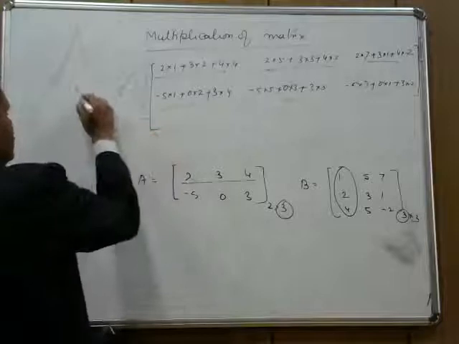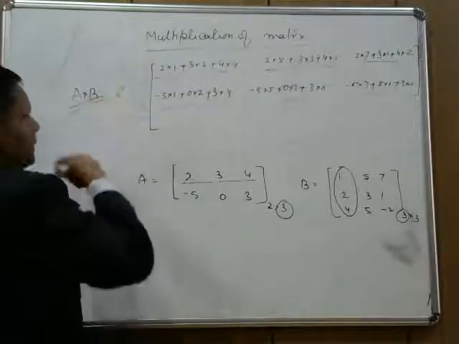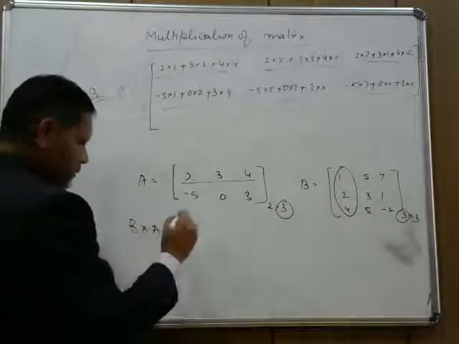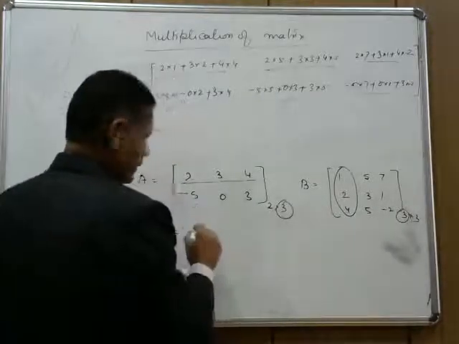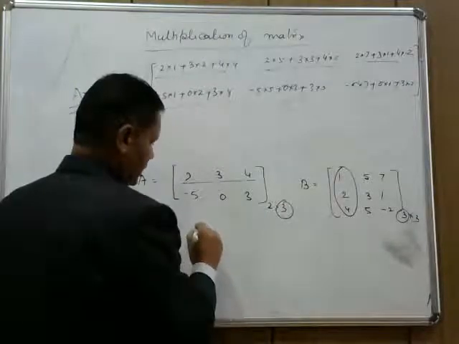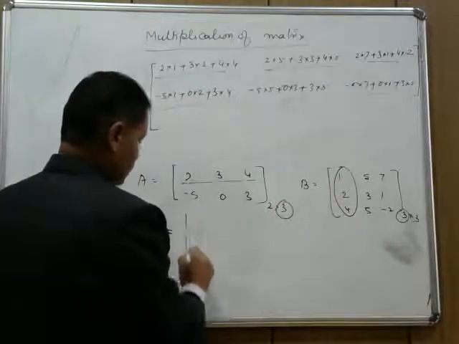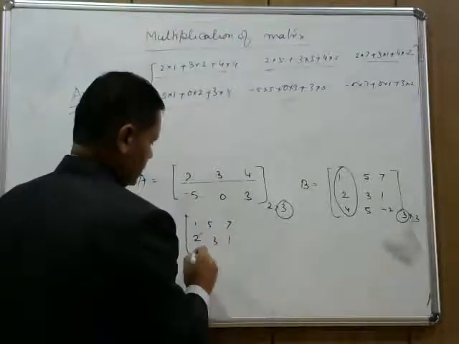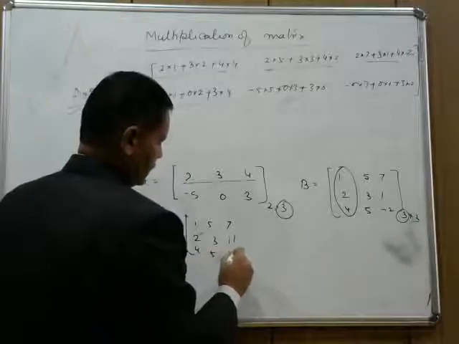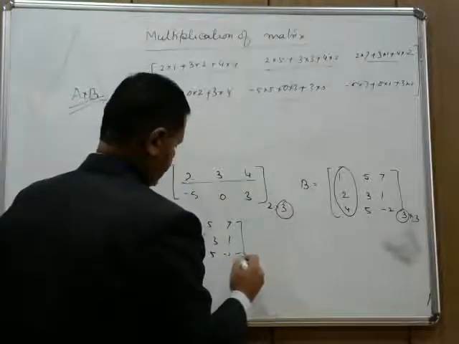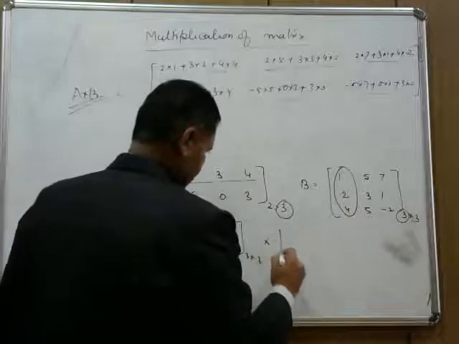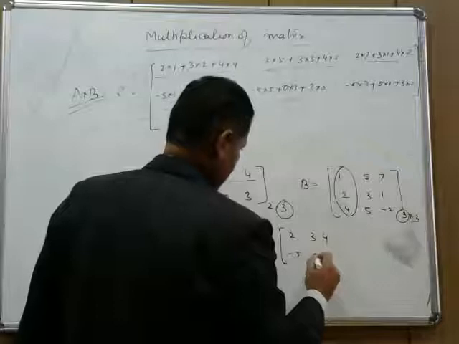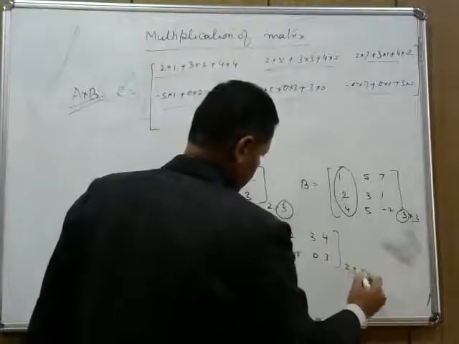Here I have got A cross B, A multiplied by B. Now if I have to multiply B by A, tell me, the order of B is 3 by 3, with 1, 5, 7, 2, 3, 1, 4, 5, minus 2. And the order of A is 2 by 3, with 2, 3, 4, minus 5, 0, 3.